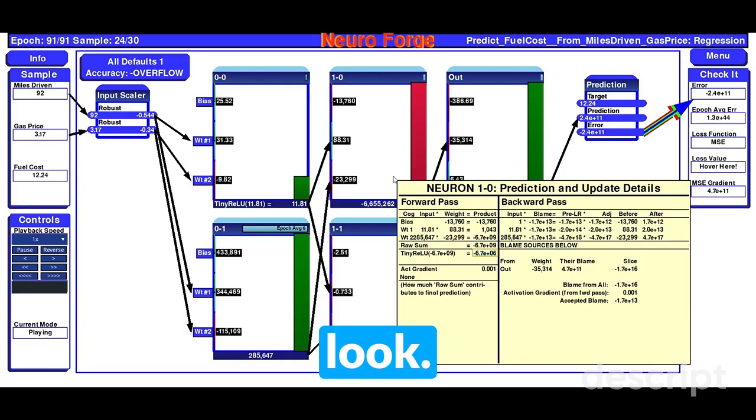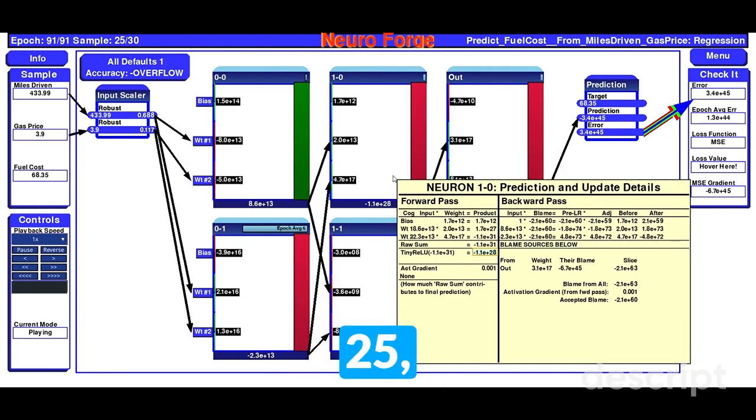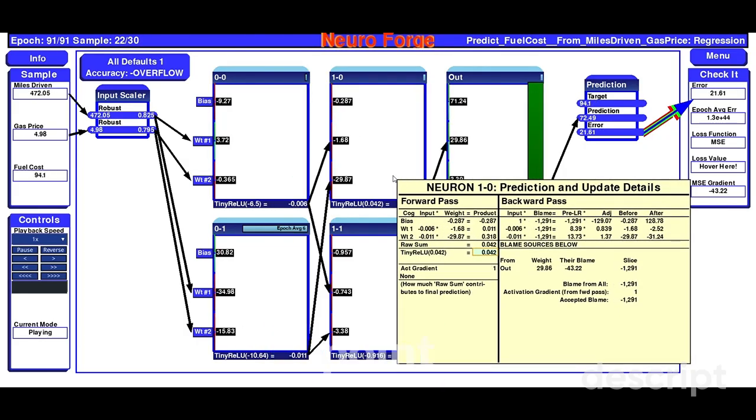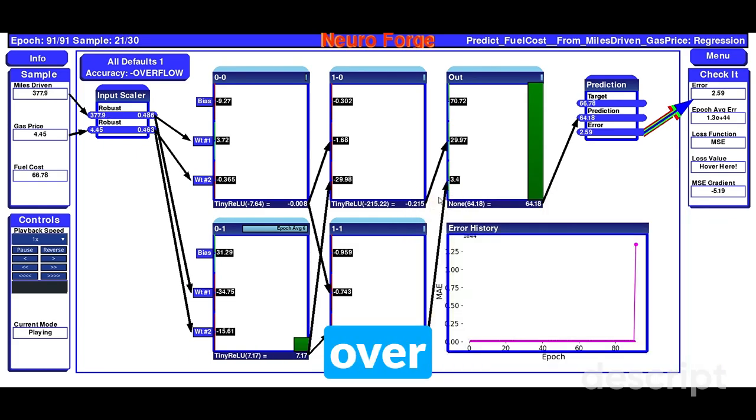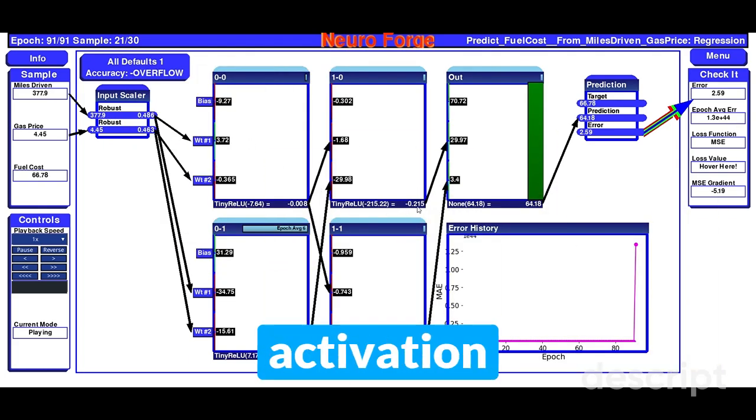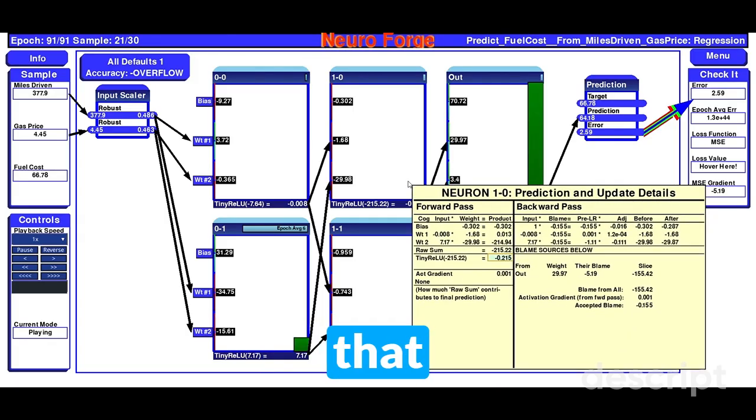Let's take a look. We can back up a few samples here. So it exploded on sample 25, officially exploded to the point where we said this thing is over. Starting here at 21, we've got a negative activation. And what that means is when the backprop comes, it's going to have an activation gradient of 0.001. So the output neuron gave back an error signal, you can see in the bottom right corner here, of negative 155.